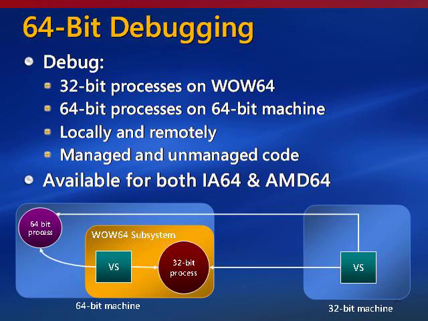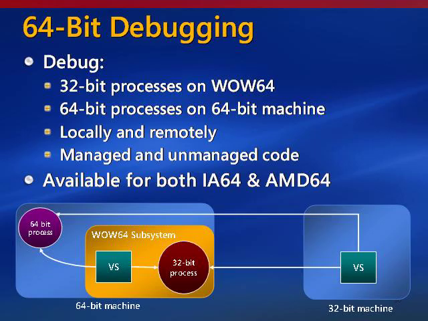So how does that work? What I've got right here is my 64-bit machine, which includes the WoW64 subsystem. In summary, what the WoW64 subsystem allows you to do is run 32-bit processes on your 64-bit box. VS itself is actually a 32-bit process, and it runs on WoW64.